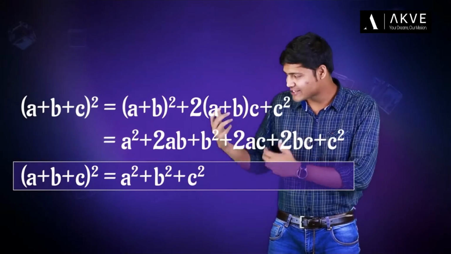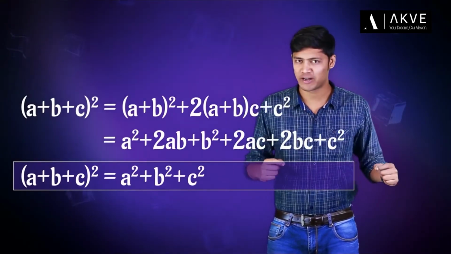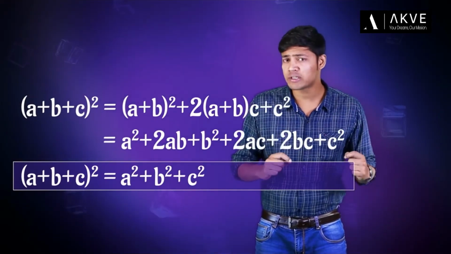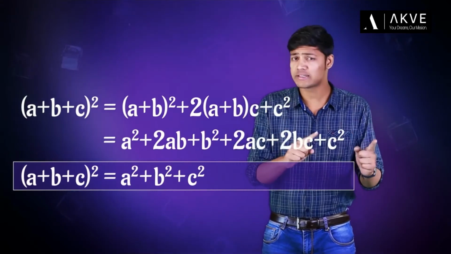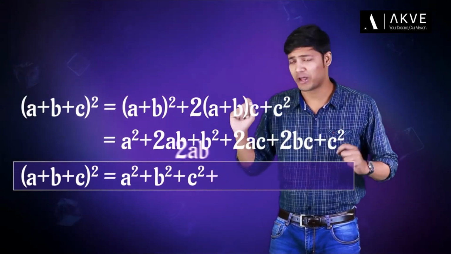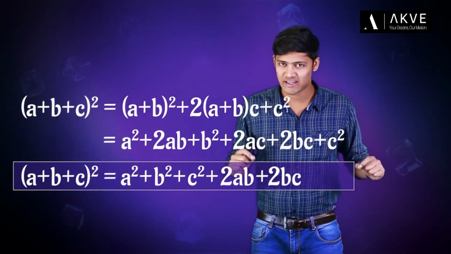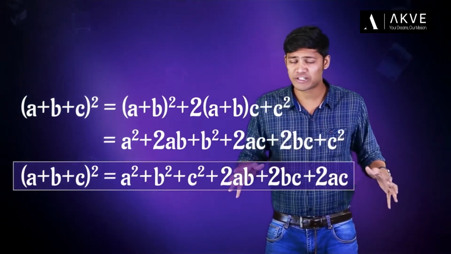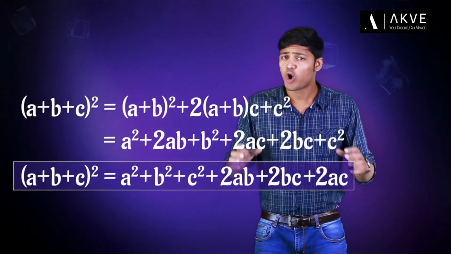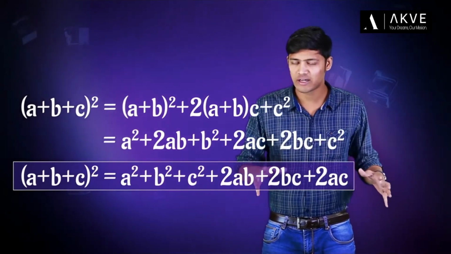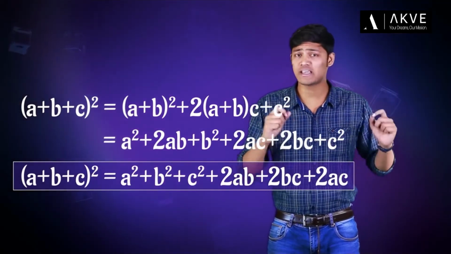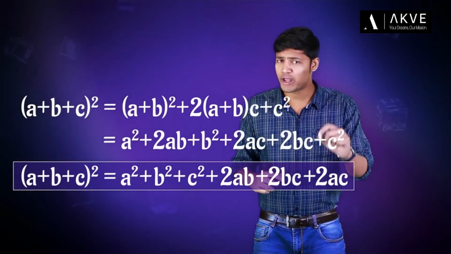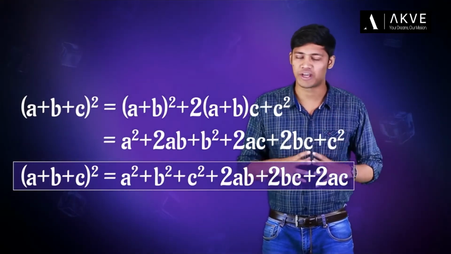So, we get a² + b² + c². Then, the remaining terms in a cyclic order, that is, first let's take 2ab, then 2bc and finally 2ac. So, the expression (a + b + c)² is nothing but a² + b² + c² + 2ab + 2bc + 2ac.